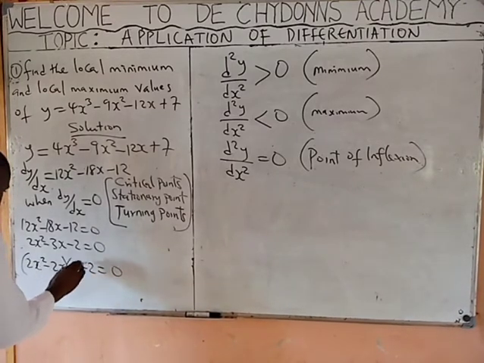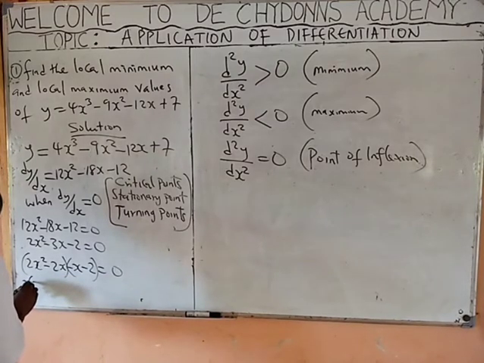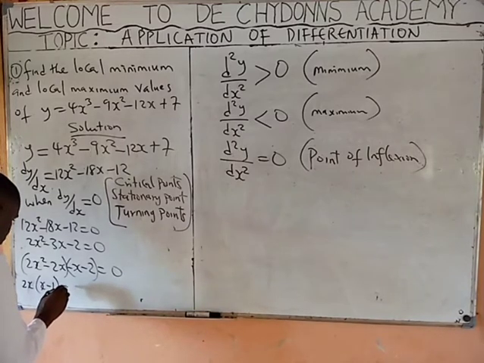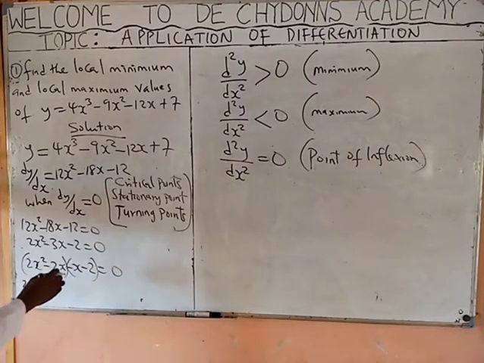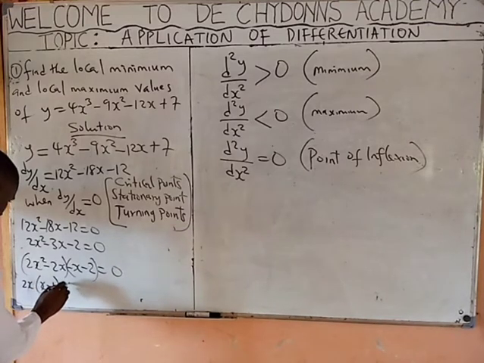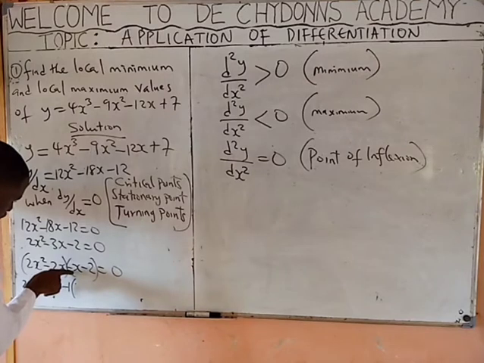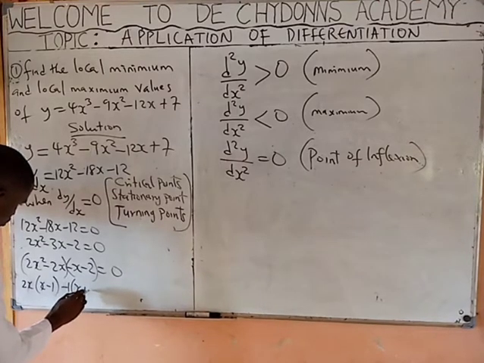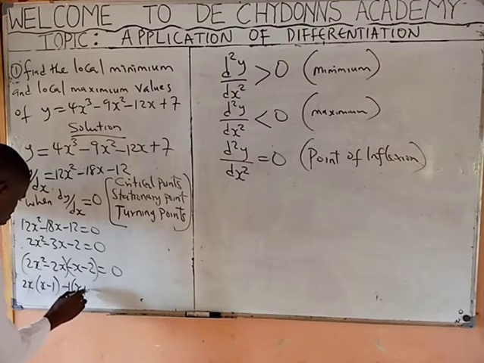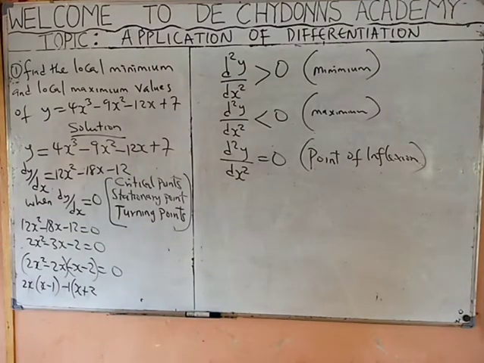This gives 2x(x minus 2) plus 1(x minus 2), which is 2x plus 1 times x minus 2. Let's factorize it well.